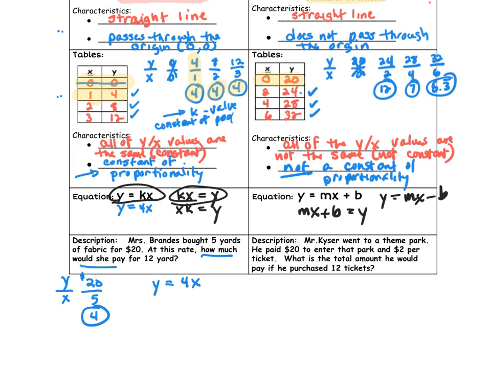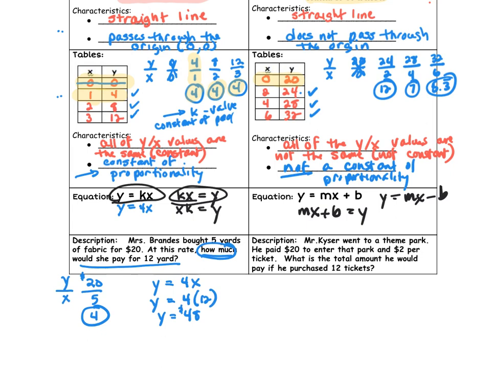We could figure out how to answer this question. The y was the amount of money, so they're asking us how much. We don't know. We have our constant of proportionality, meaning it costs $4 for every yard, and we're being asked about 12 yards. So we would be able to say that the cost would be $48.